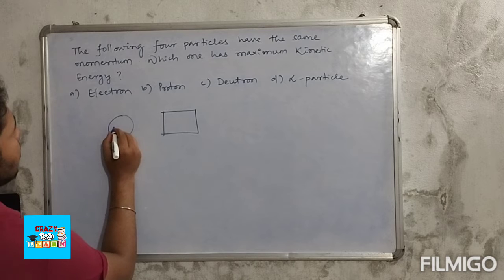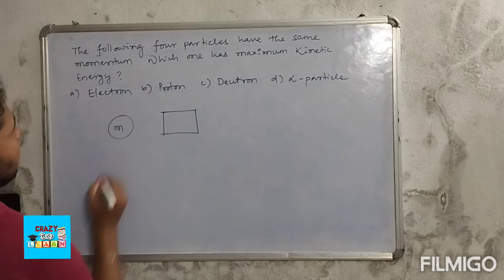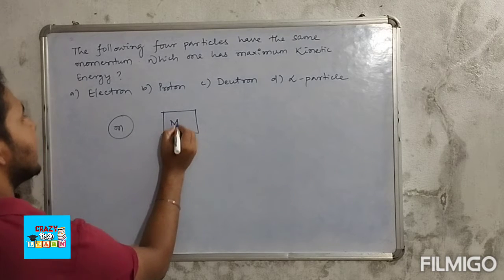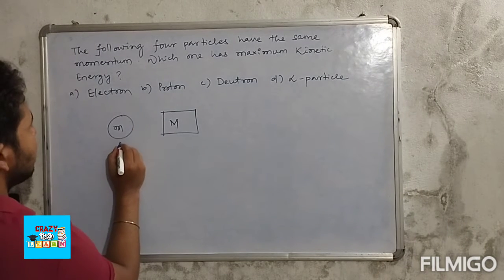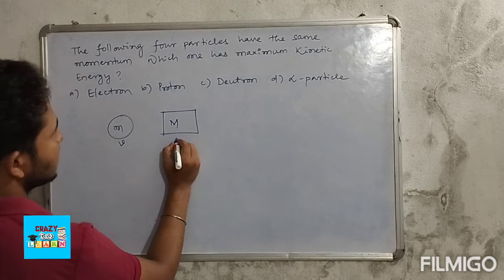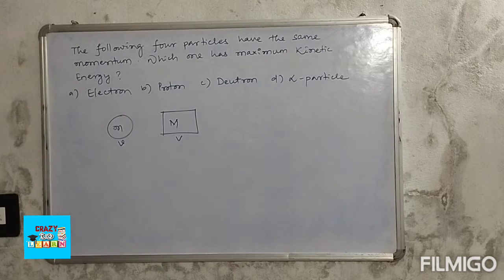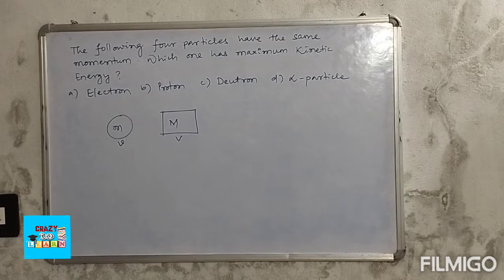The mass of this body is small m and this body is capital M, and the velocity of this body is small v and the velocity of this body is capital V. If both bodies have the same momentum, what is the relation for the kinetic energy?